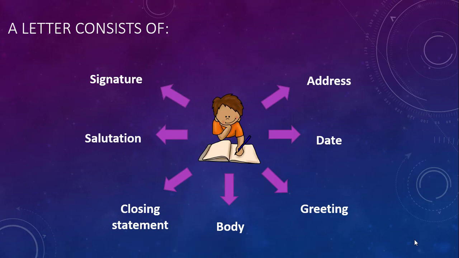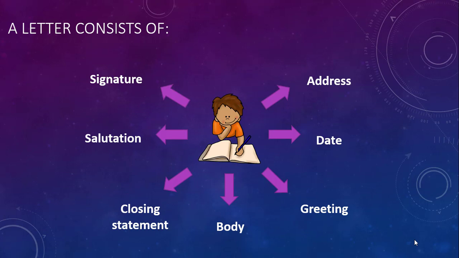The closing statement is the last sentence in which you end your letter. It comes after the body and before the signature. The salutation simply is hello or hi or how are you, etc. And the signature is your name. For example, if my name is at the end of the letter, I write Youssef, your friend Youssef, or see you soon Youssef, etc.